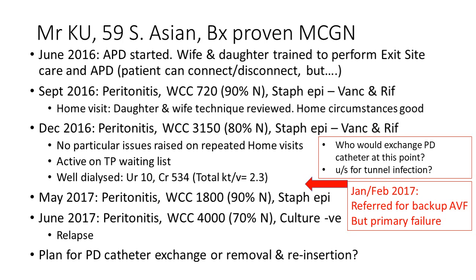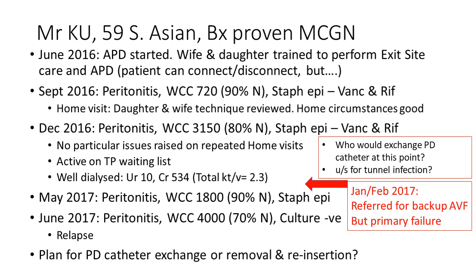So in fact, he had the referral in January, he had his surgery in February. Unfortunately, there was primary failure, which is why we're now in this position that he hasn't got a backup fistula, and clearly we need to do something about his PD catheter.